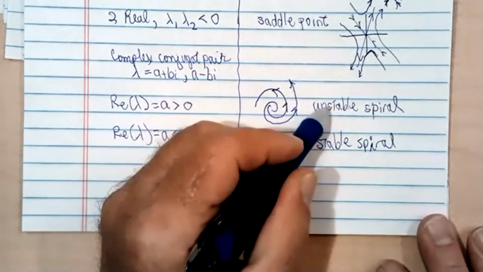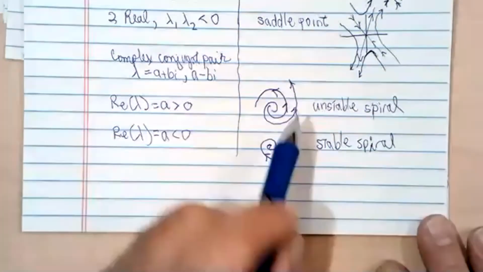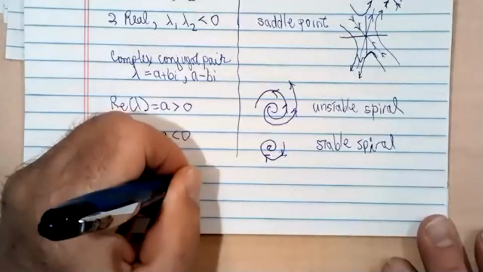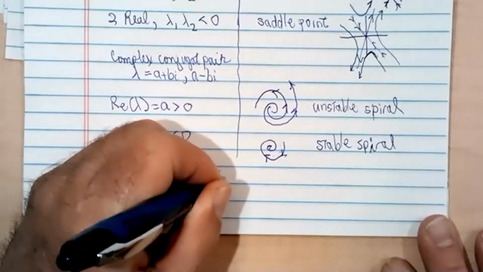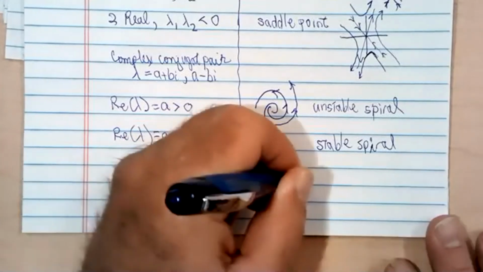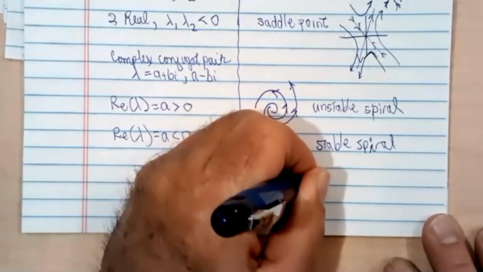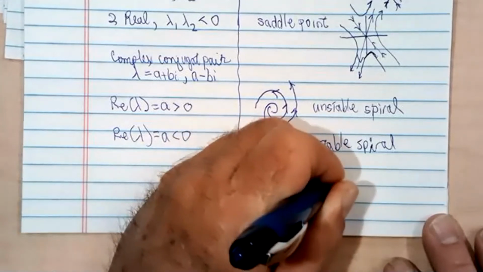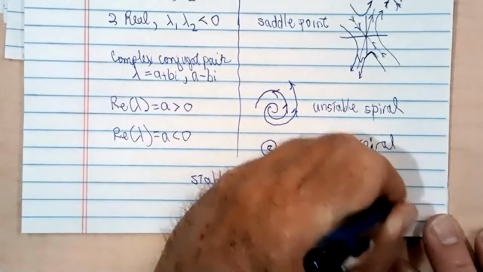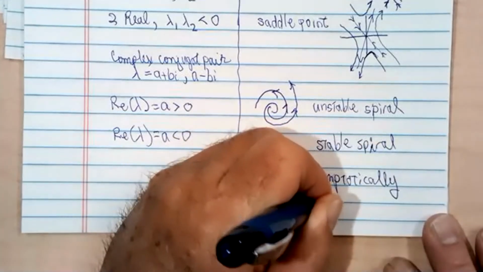These things, a stable spiral and an unstable spiral, the stable spiral, some people call this asymptotically stable.